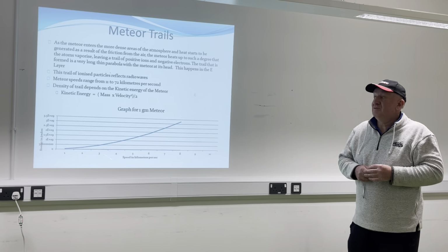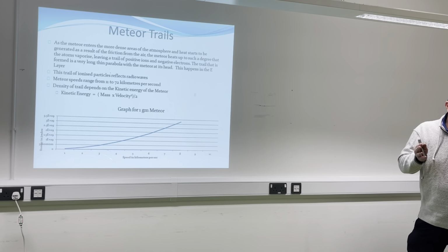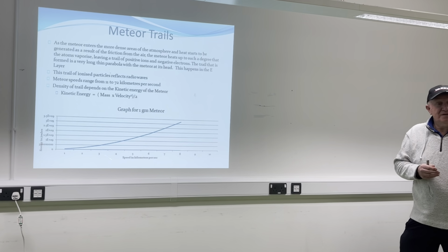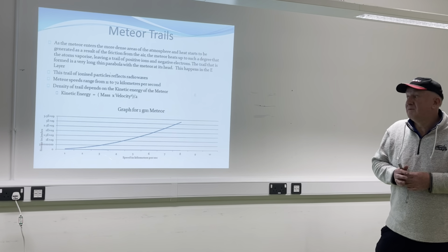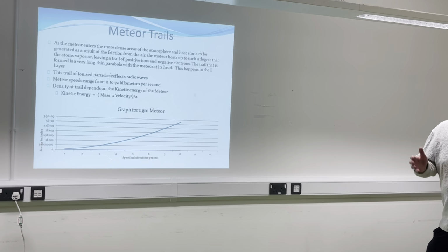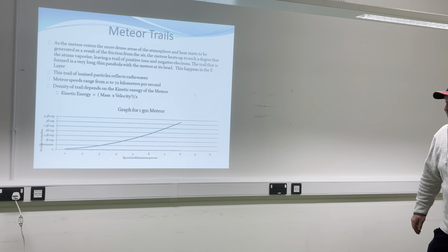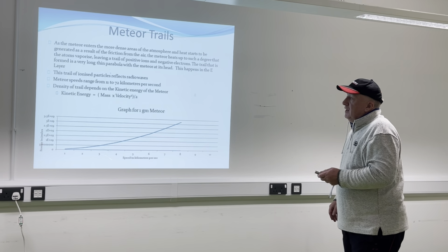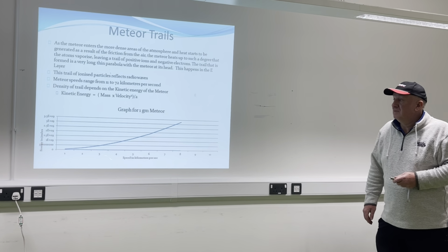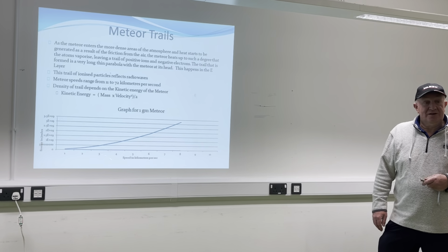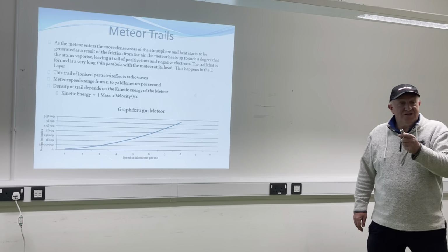Those ion streams are probably about 1 meter wide, and they're probably 25, 30, 40 kilometers long. These meteor trails, these ionized particle trails, actually reflect the radio waves. The meteors that cause them range from basically 11 to 72 kilometers per second. And I'll tell you in a minute why there's a difference in the speed.